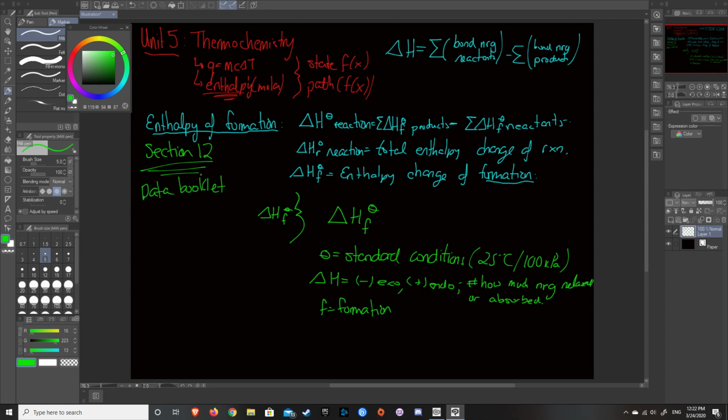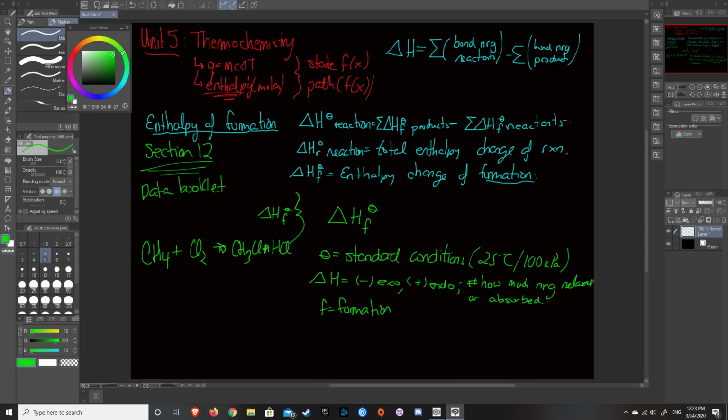What this means, let's talk about the implications of what this is. So delta heat of formation. So what this does, if we do have some sort of reaction taking place, right? So let's take CH4 plus Cl2 reacts to form CH3Cl plus HCl.